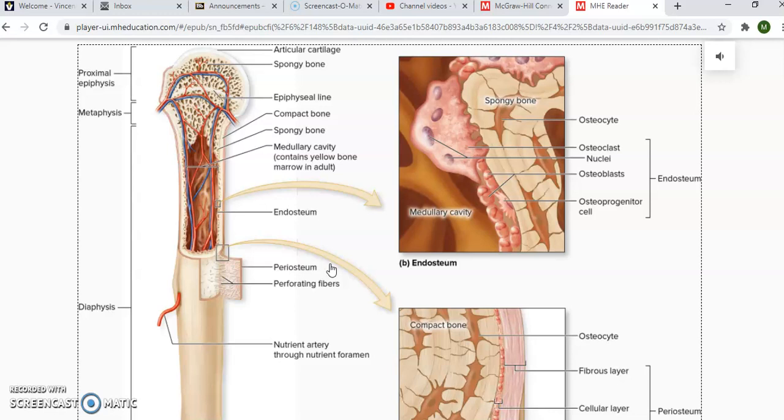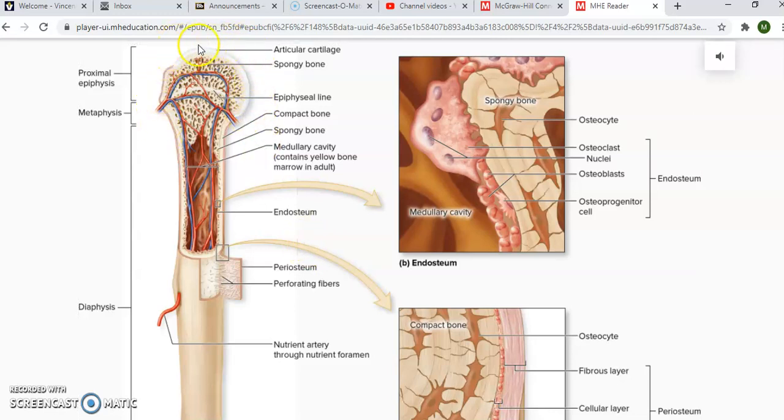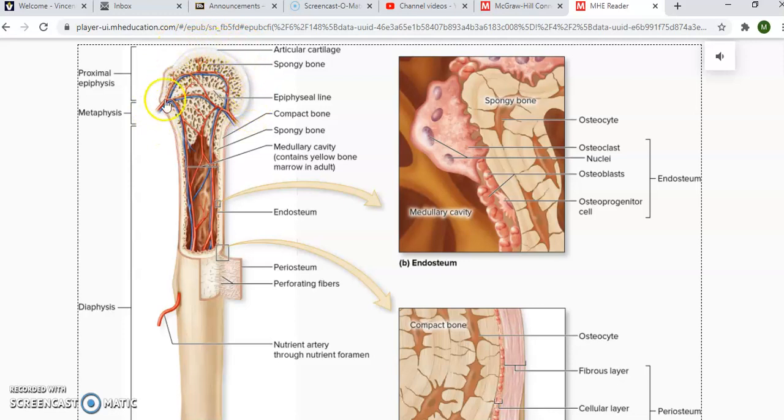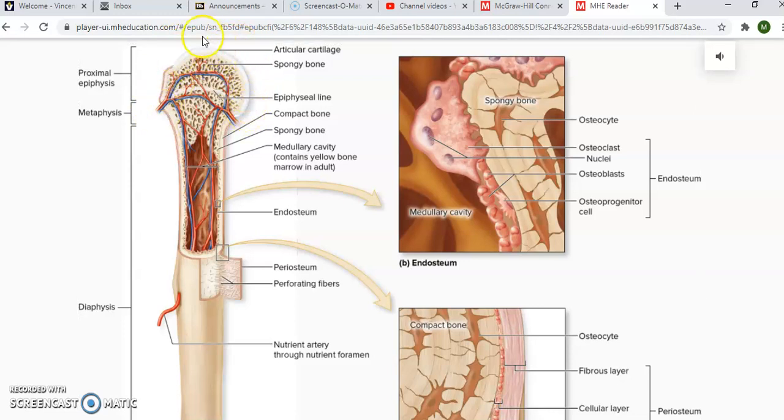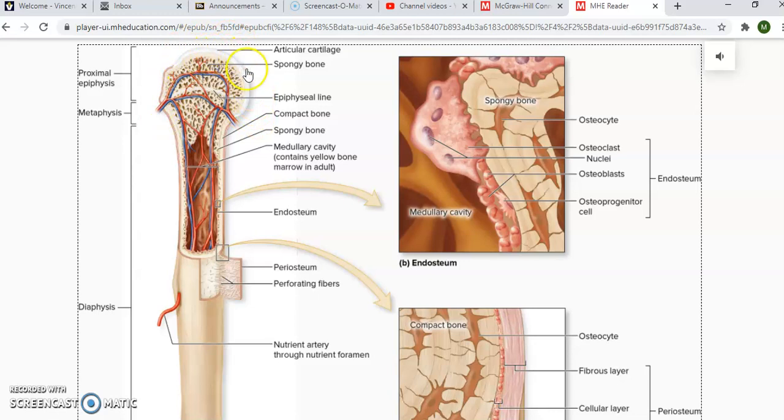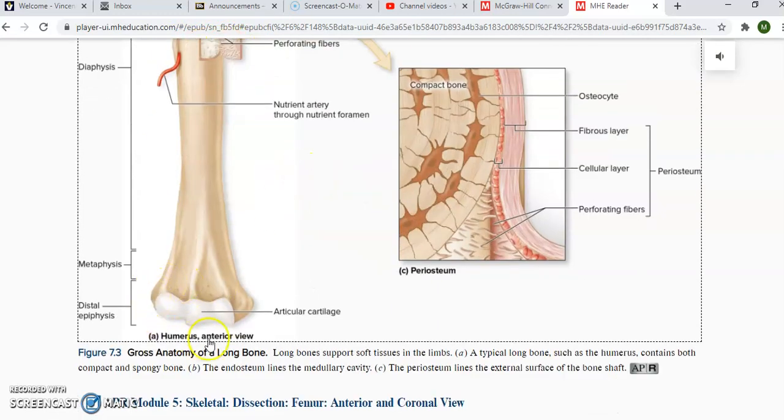Those are the areas at the end that are a little bit more rounded. They have various shapes depending on what long bone we're talking about. So this is what the proximal epiphysis of the humerus looks like, and then the distal epiphysis of the humerus is down here. It starts to get a little bit wider. It's not as narrow or thin as the diaphysis part.